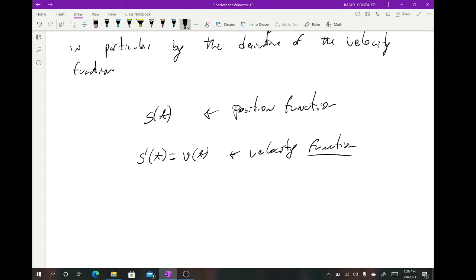Notice that we got a function after we took the derivative. Well, if we take the derivative again, this time of the velocity function, it will be like taking the derivative of the position function twice. So I'm gonna write it with two apostrophes, and that's what we call the acceleration function a of t.